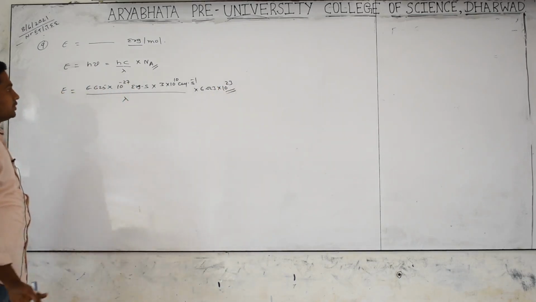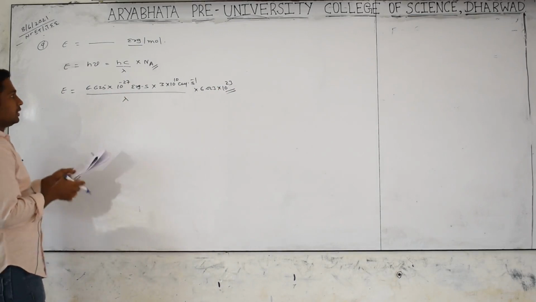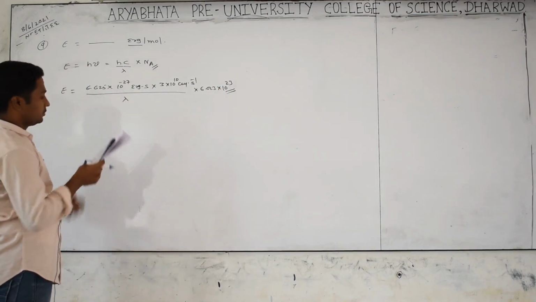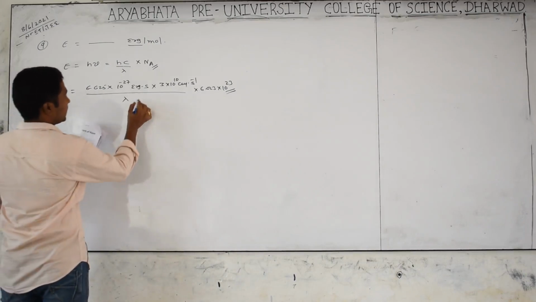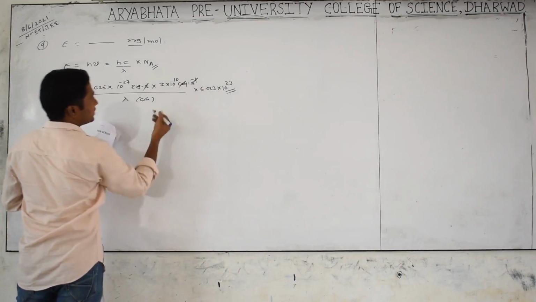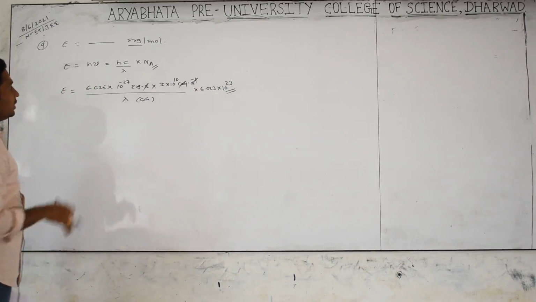Do the simplification and you will get erg per mole. This wavelength also has to be taken in centimeters, then centimeter cancels, second inverse cancels, and finally the answer remains.